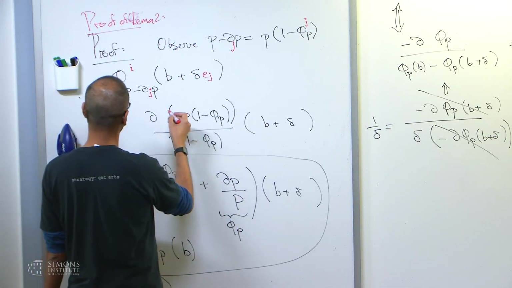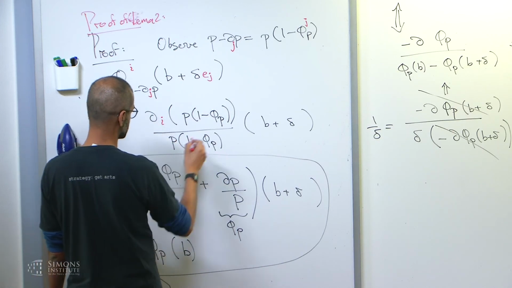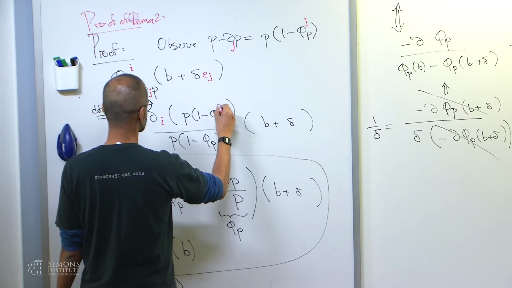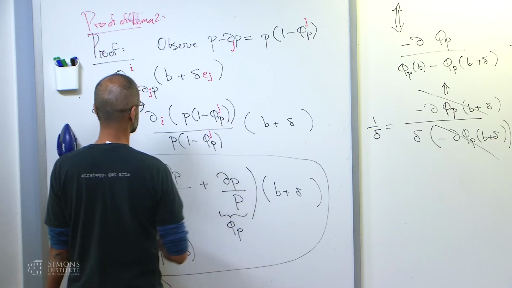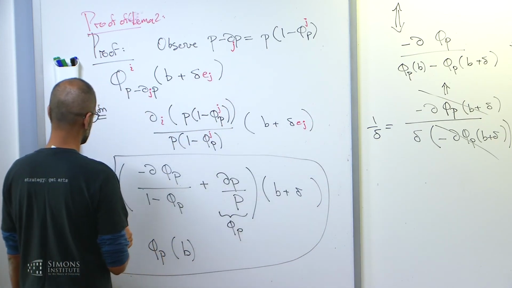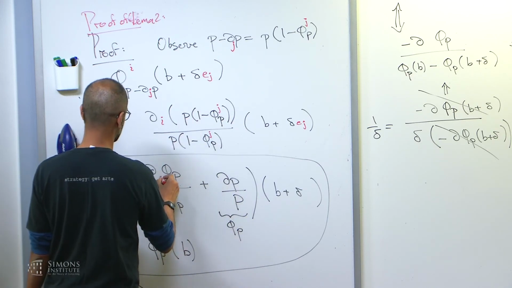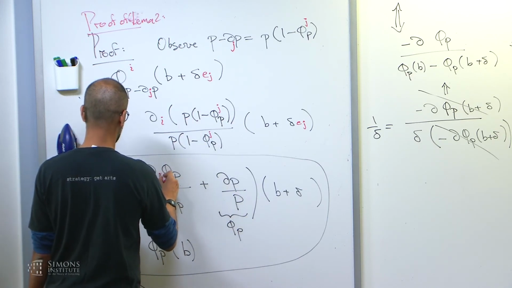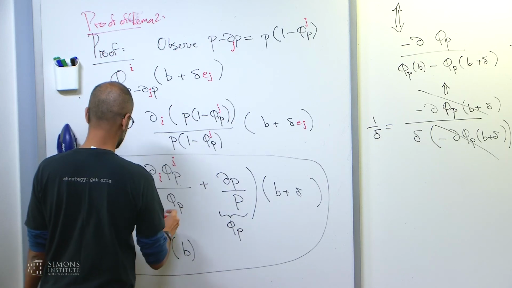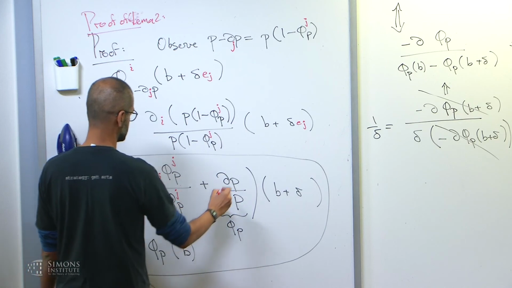Okay, so let's just follow our nose, right? You get a partial i, because this is a barrier function in direction i. The perturbation is in direction j, so you get j's here. And this is Ej. And now here, this works the same way. You get partial i of the jth barrier function. This is still a j.